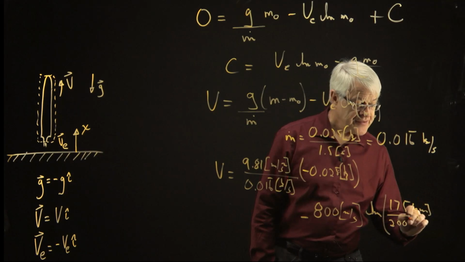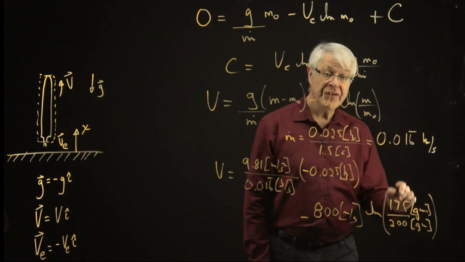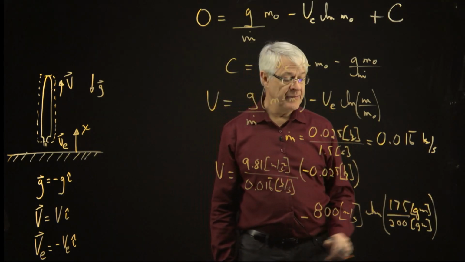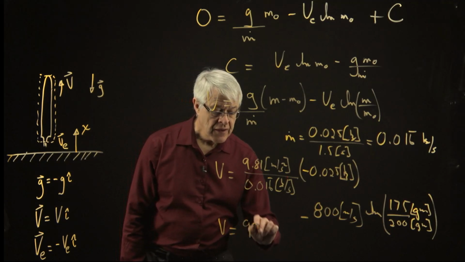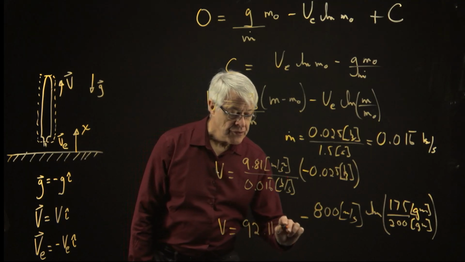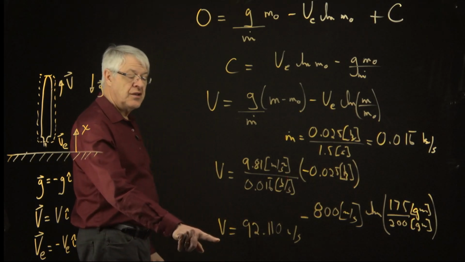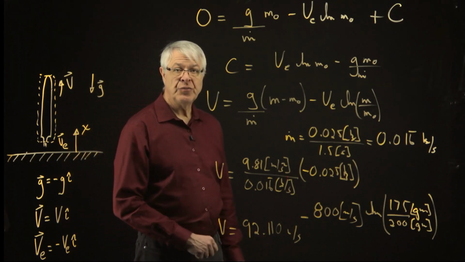Notice, because it's a ratio of two masses, as long as I have them in the same units, it doesn't matter what those units are, so I didn't really have to convert them to kilograms. All of this gives a velocity of 92.110 meters per second. So the velocity of this rocket, when the fuel burns out, is going to be 92.1 meters per second.